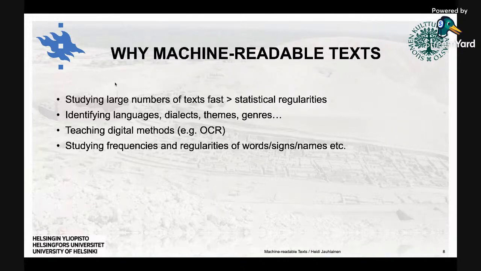But one does not always need a lot of machine-readable texts for them to be useful. On a smaller corpus, one can use a search function and study frequencies of words or phrases. And one can study regularities of how words or signs or phrases appear in those particular texts.